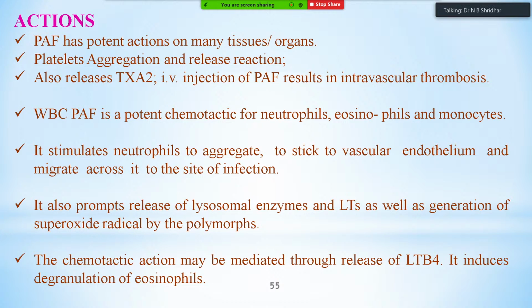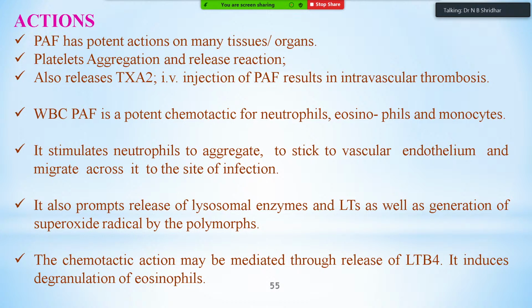What is the biological activity of platelet activating factor? It has potent actions on many tissues and organs, especially platelet aggregation and release reaction, which is very well mediated by PAF. It also releases thromboxane A2, and IV injection of PAF results in intravascular thrombosis. In case of WBCs, PAF is a potent chemotactic for neutrophils, eosinophils, and monocytes.